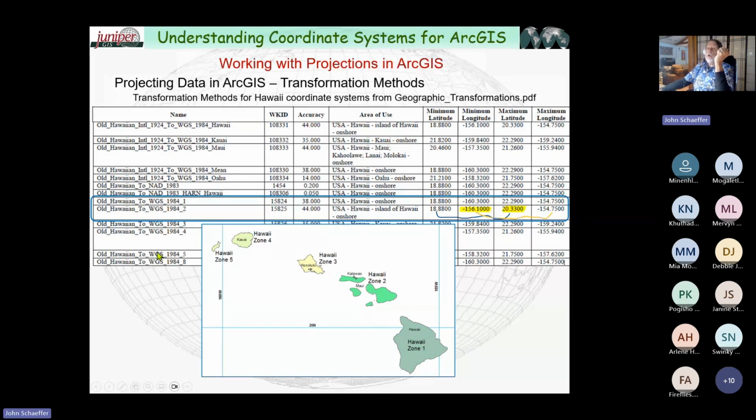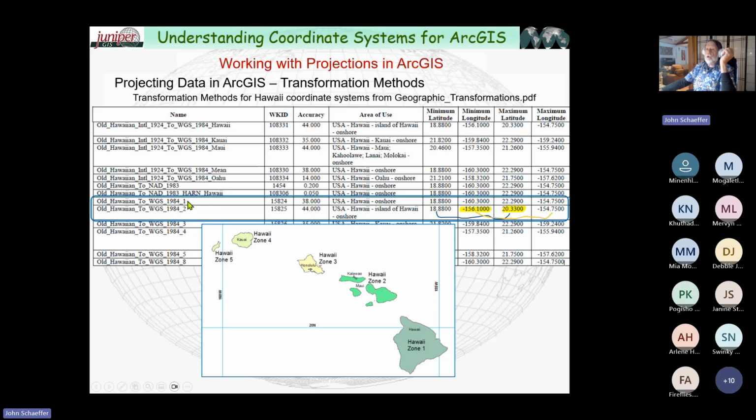And so I'm going from Old Hawaiian, which is a datum used a long time ago, to World Geographic System 1984. So basically, I've got some GPS data that's in WGS 84. I need to match it to Old Hawaiian or vice versa. And I'll look at these 2 options.